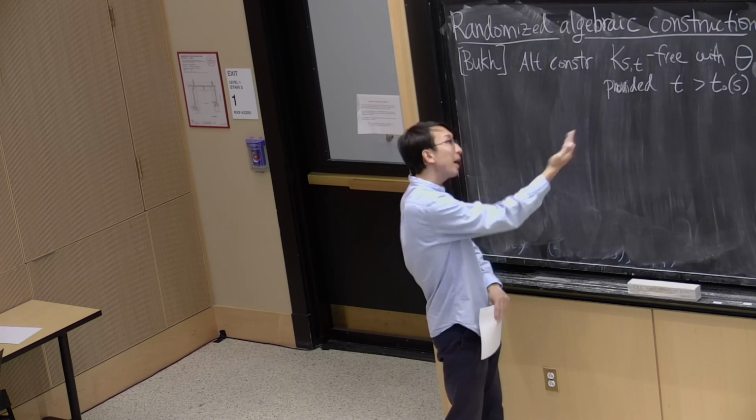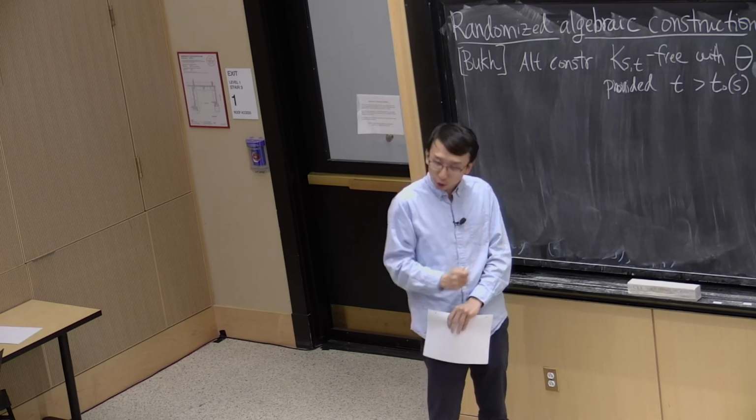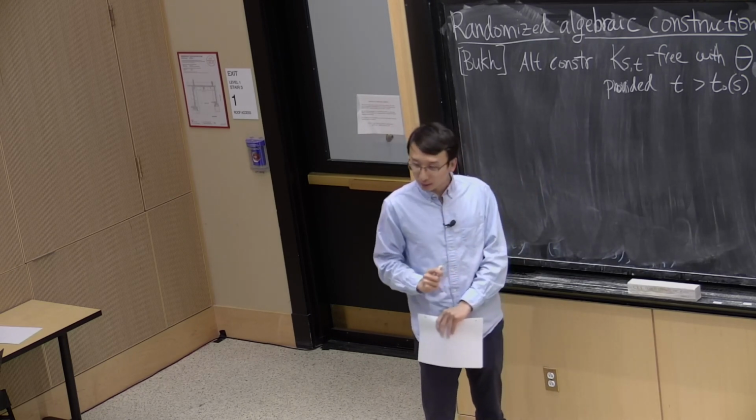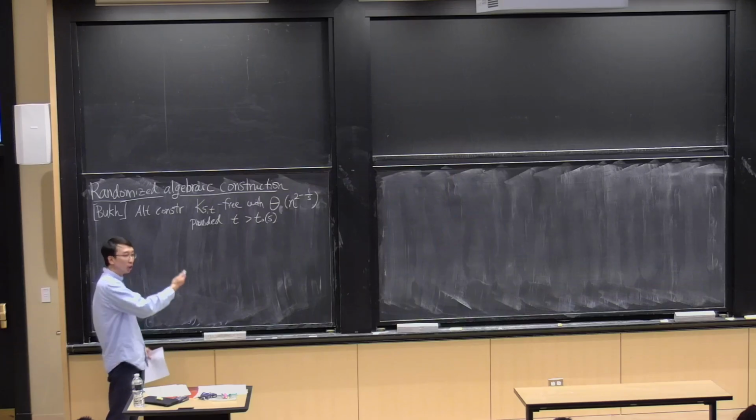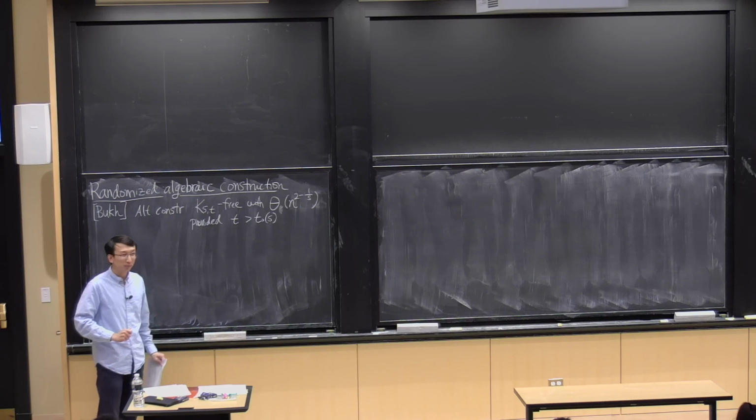So this bound here will not be as good as the one that we just saw, and I won't even tell you what it is, but it's some constant. So for every s, there is some t such that this construction works.